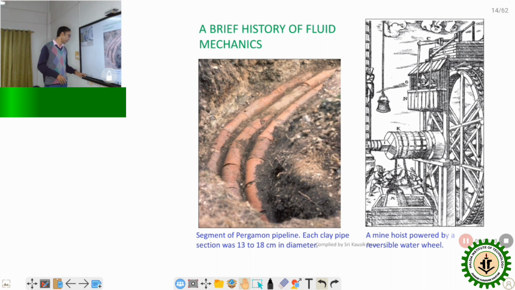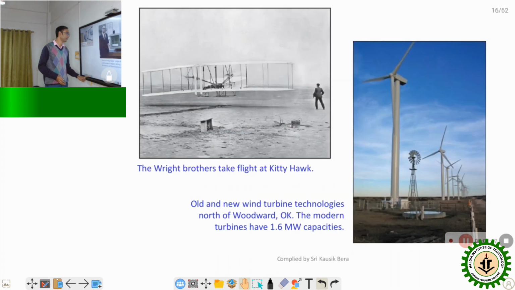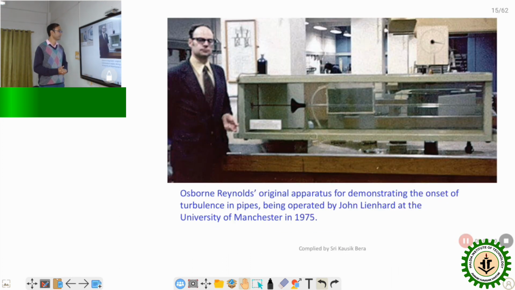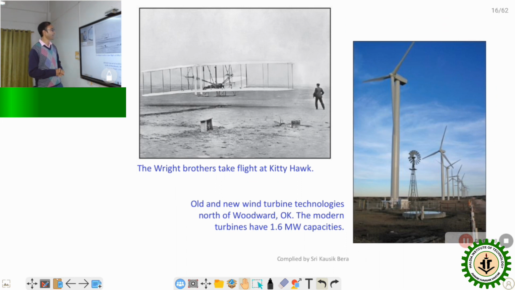This is Reynolds' instrument, a turbulent pipe instrument demonstrating the onset of turbulence in a pipe, operated at the University of Manchester in 1975. This is the Wright brothers taking flight, and this is the turbine, an application of fluid mechanics.